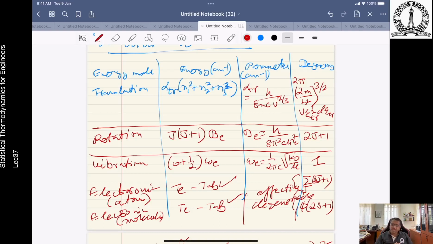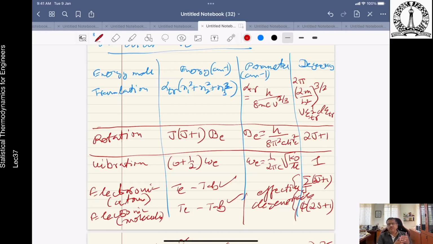We have also seen that for the internal modes, we require a rotational constant B for the rigid rotor and vibrational frequency omega E for the harmonic oscillator, both of which can be determined from the spectroscopic measurements that we covered in the previous lectures. It also provides tabulations for the electronic energies of atoms and molecules.